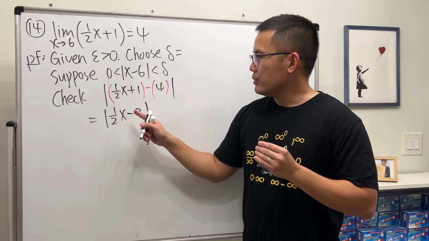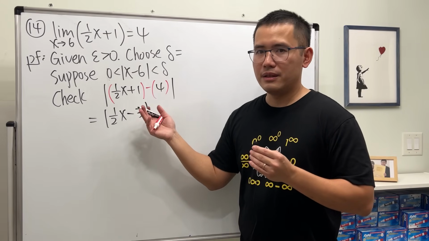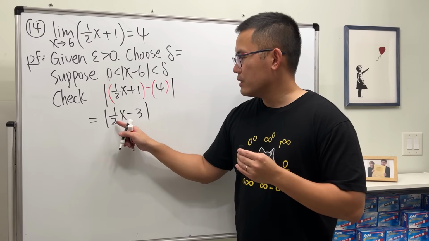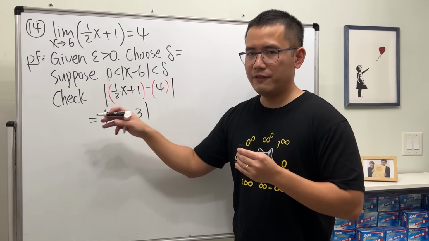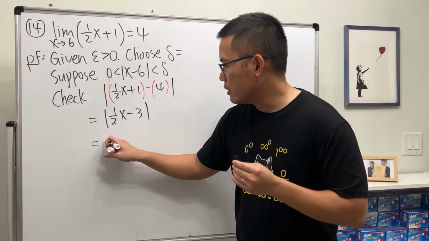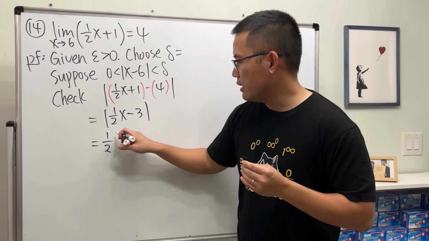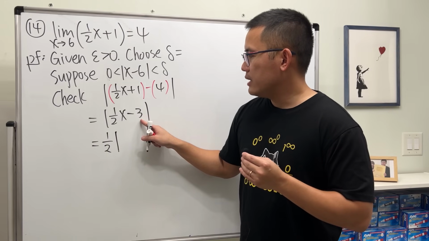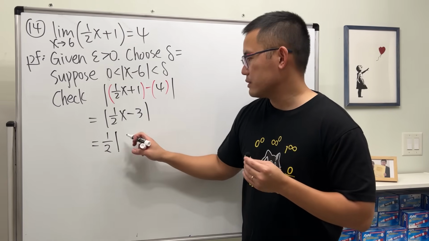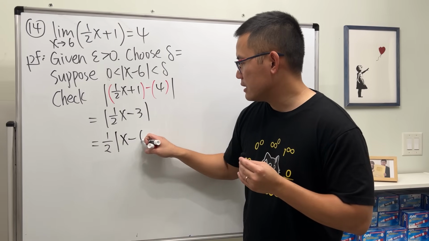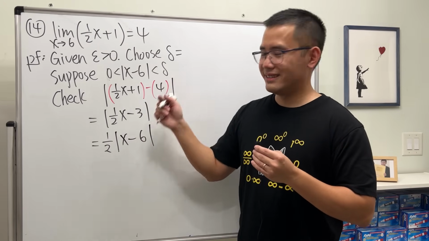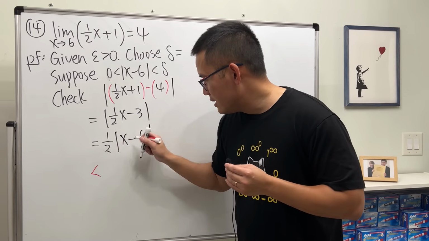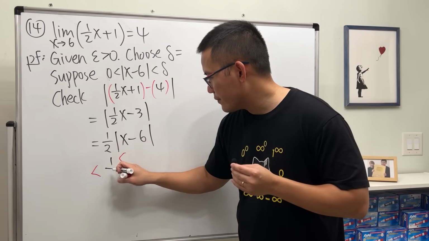All right, this and that, they don't look the same yet, but check this out. The coefficient right here is 1/2. We can factor that out. And when we do so, we will just have 1/2 at the front and an absolute value. And just think about it as 3 divided by 1/2. So we actually have x minus 6. So it still works. So we can say this is less than delta.